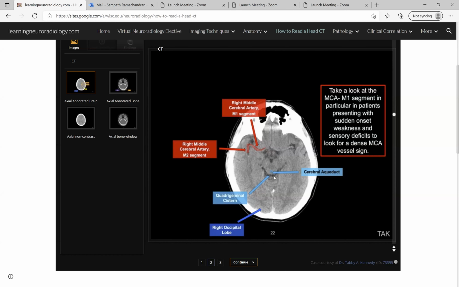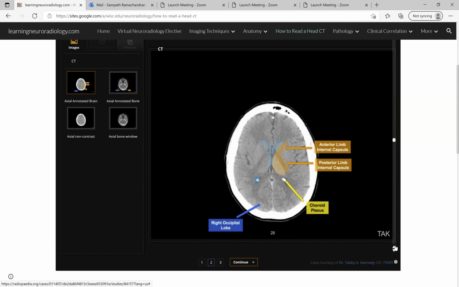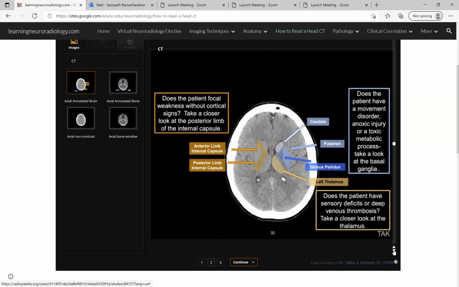And then here we are looking at the cerebral aqueduct. This is the communication between the third and the fourth ventricles. But let me go up a few more slices to get through that part. Okay. Here we are going up a bit so that let me get through the ventricular system.